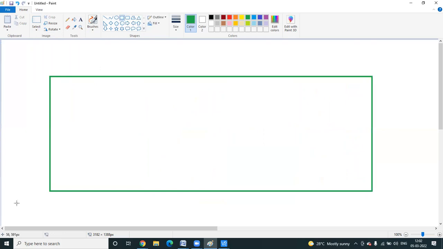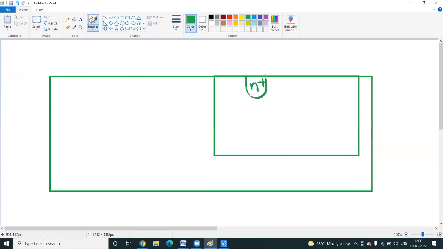The structure of a CMOS, how it looks. This is your N well. This is your P substrate.